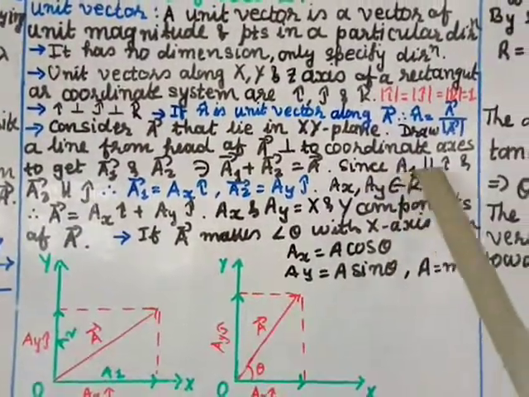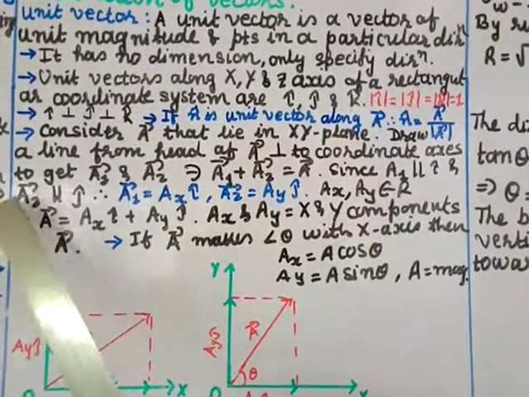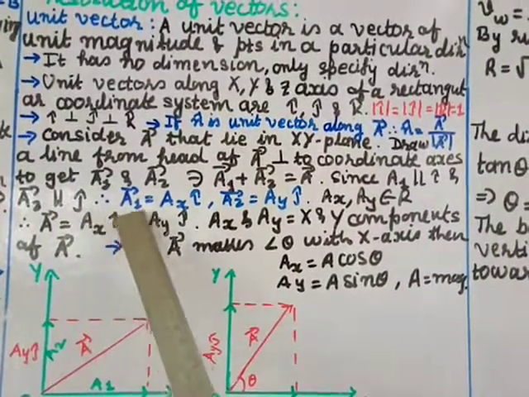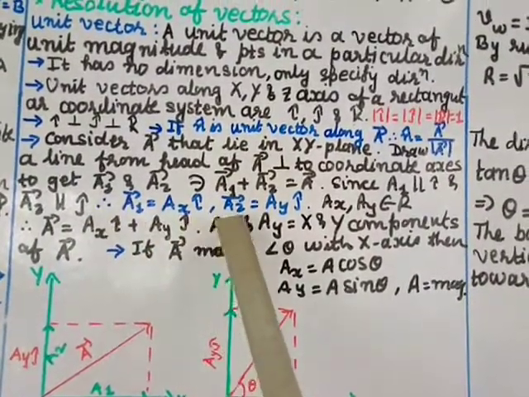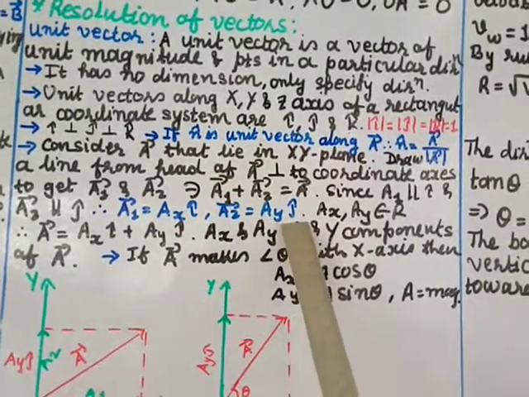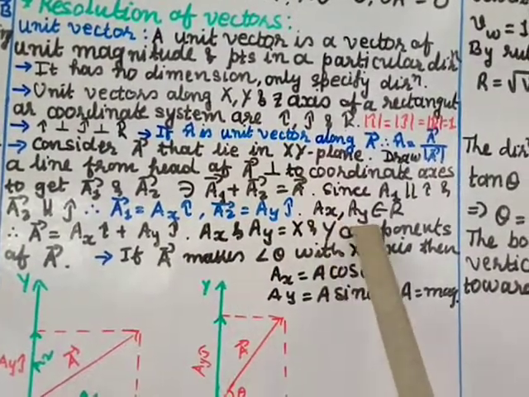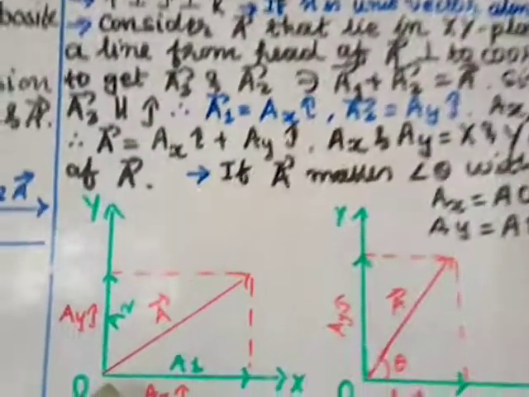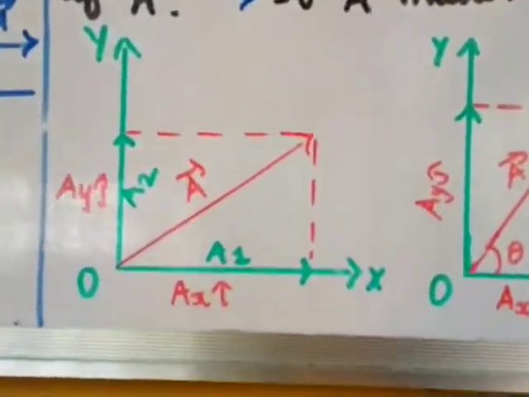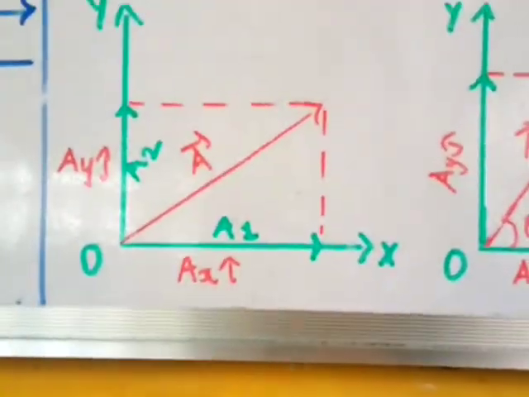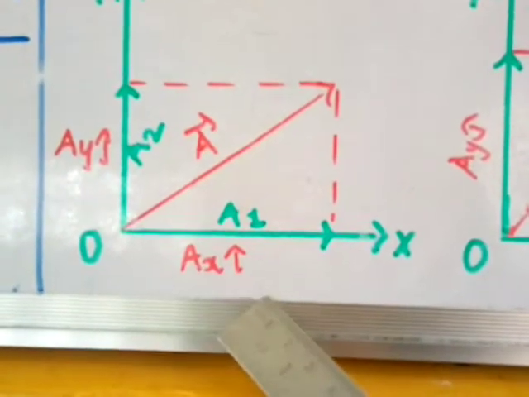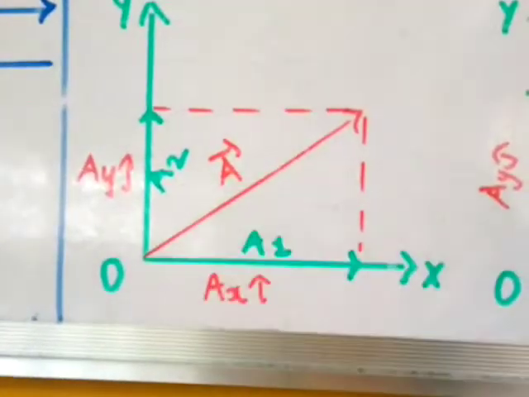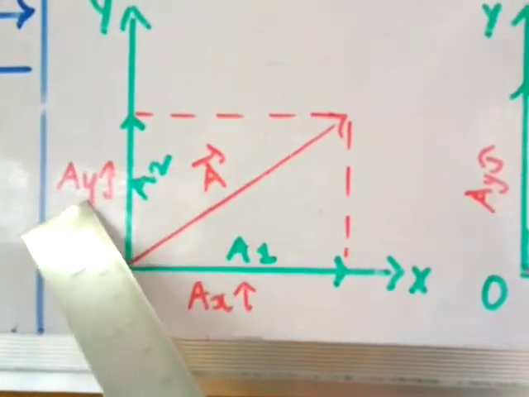Since A1 is parallel to i cap and A2 is parallel to j cap, therefore A1 equals Ax i cap and A2 equals Ay j cap, where Ax and Ay belong to R. Now this A1 is on the x-axis, so it is parallel to i cap, and A2 is on the y-axis, so it is parallel to j cap.